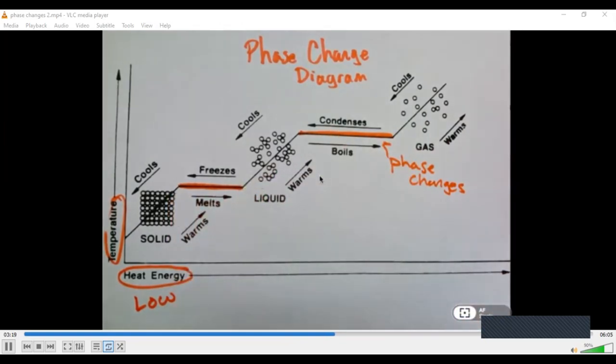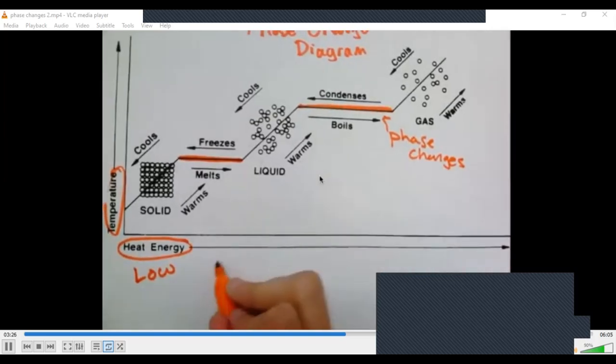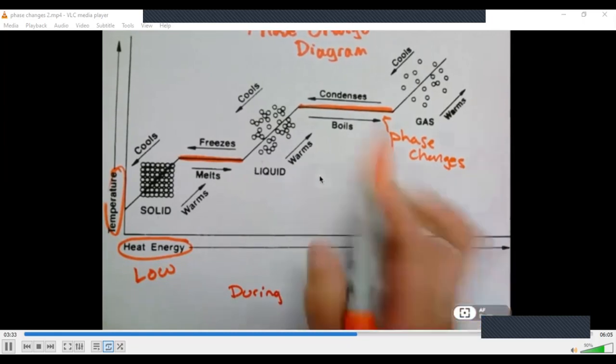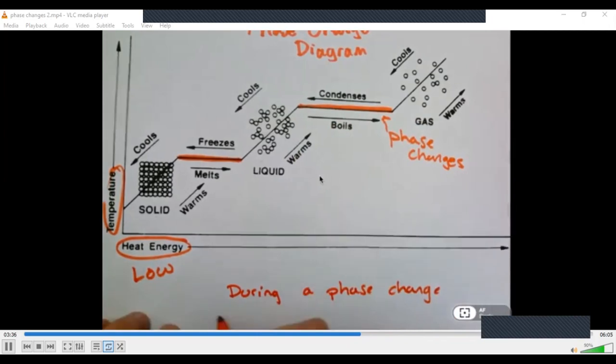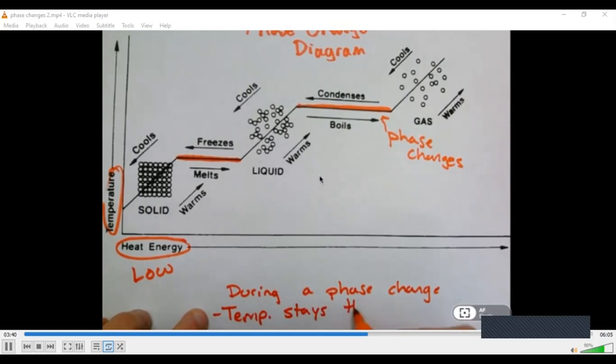The thing that you need to get from this particular set of notes is that during a phase change, temperature stays the same. What doesn't stay the same is heat energy. So heat energy is either added or released, depending on which way you're looking at.